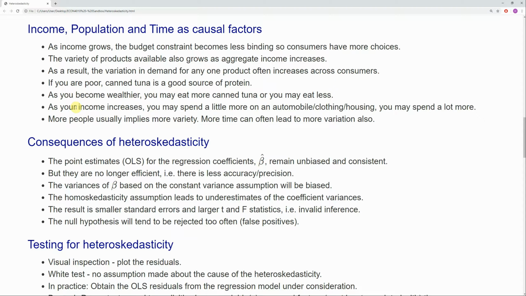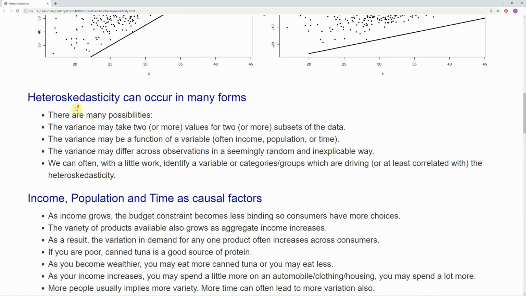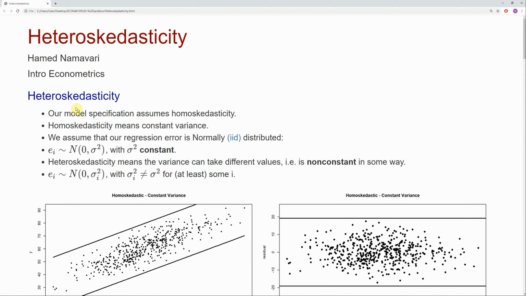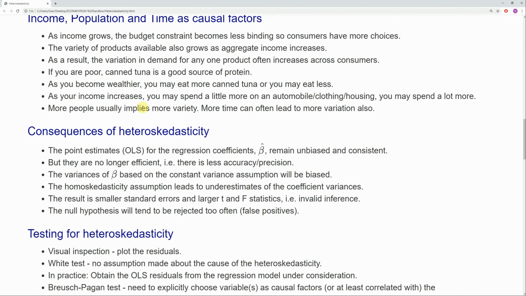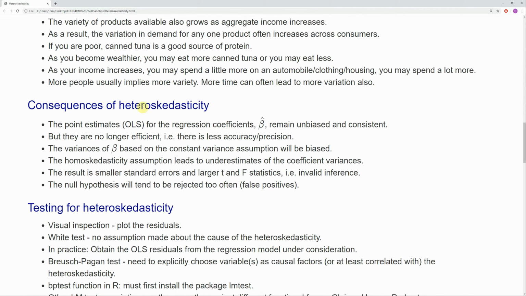So when you have a situation like this and you neglect it or you don't pay attention to it, you don't diagnose it, so you end up with a case of heteroskedasticity, then that's going to have some consequences and problems for you.